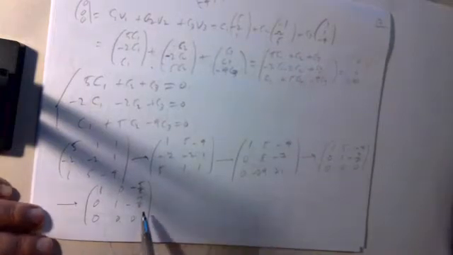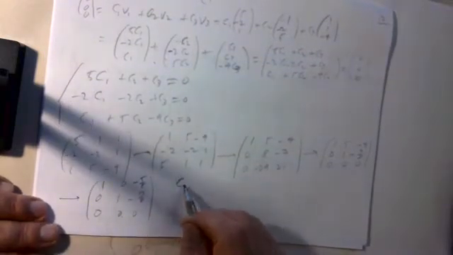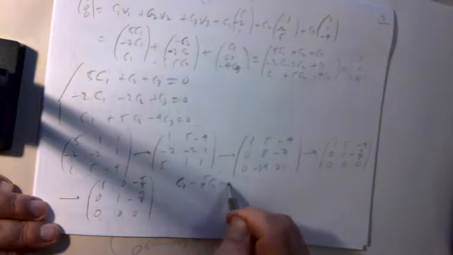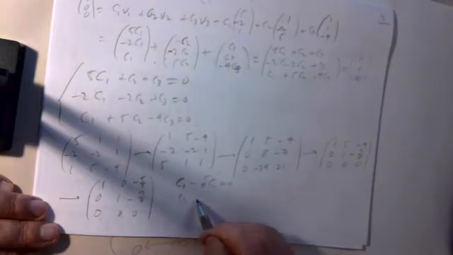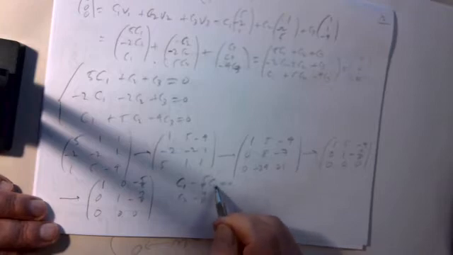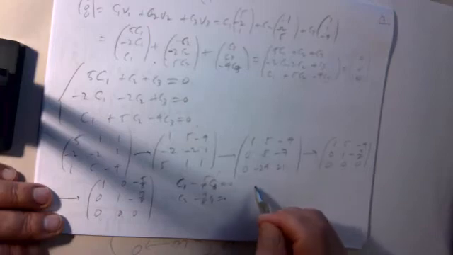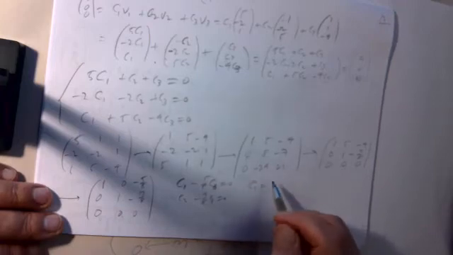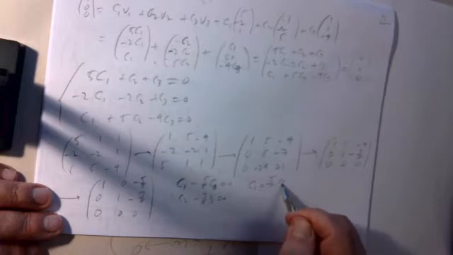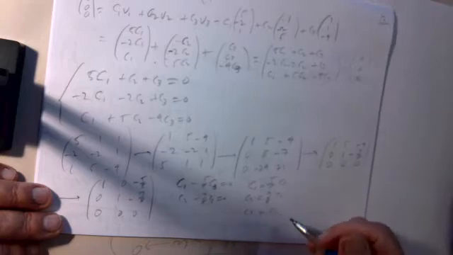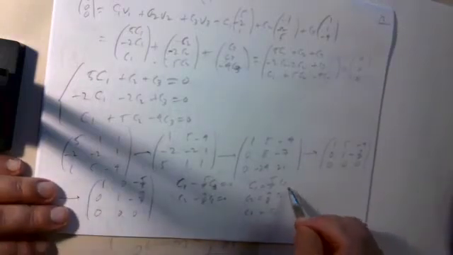But this tells us that C1 minus 5/8 C3 is 0, C2 minus 7/8 C3 is 0. So for any number C3, if I let C1 be 5/8 C3, C2 equals 7/8 C3, and C3 equals C3, this gives me a solution.